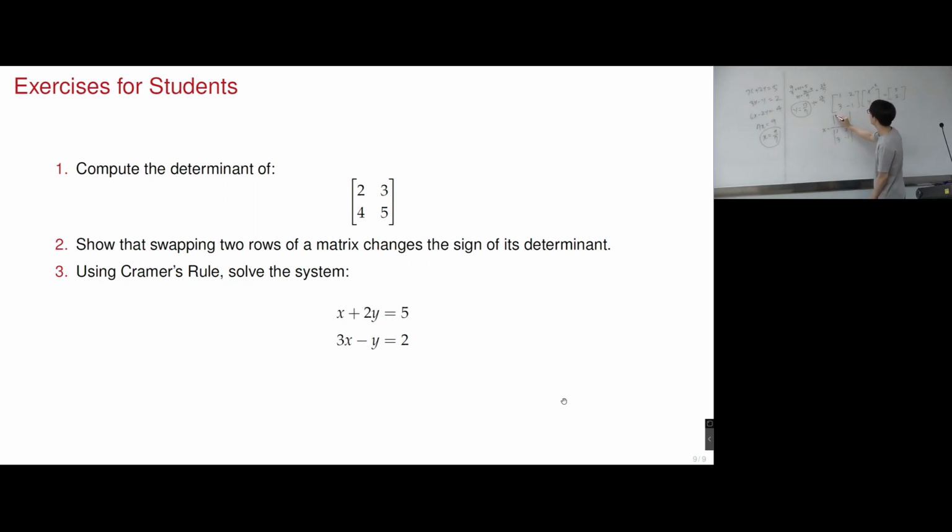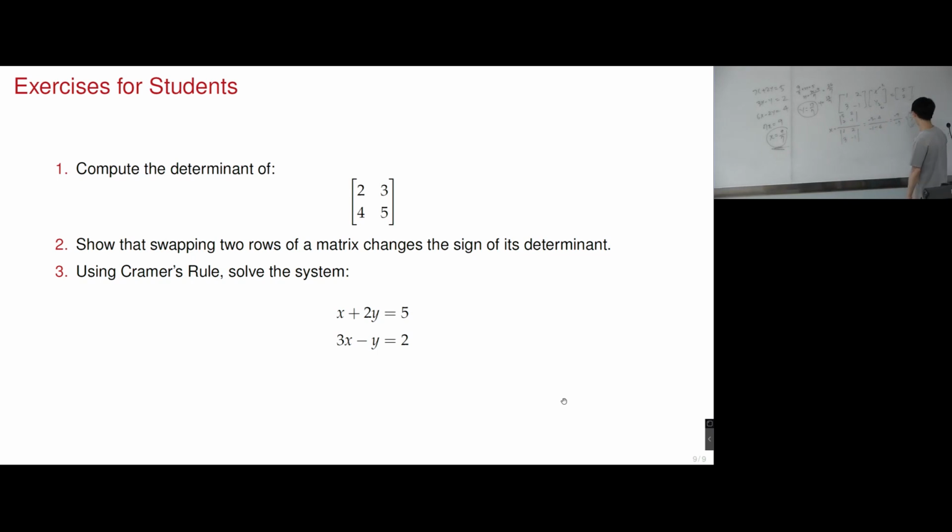So it's going to be 5, 2, 2, minus 1. What do you get for this? For the bottom, you get minus 1, minus 6. And for the upper part, you get minus 5, minus 4. And you get minus 9 over minus 7, which is 9 over 7, which was the answer we got already.